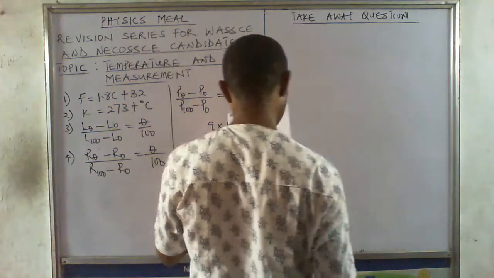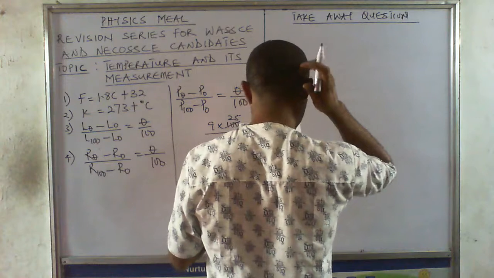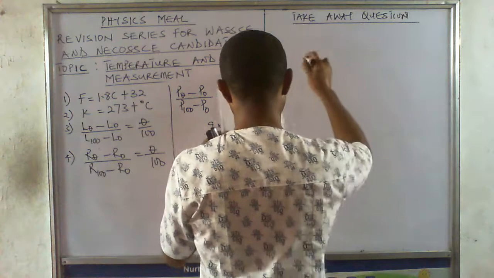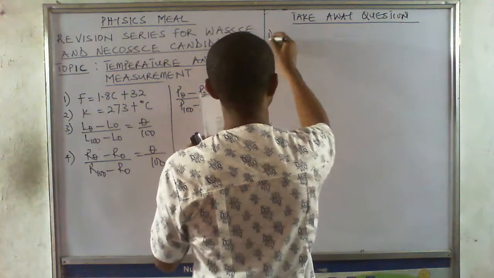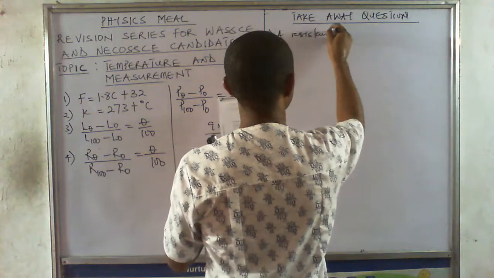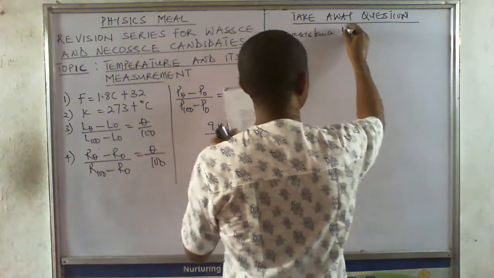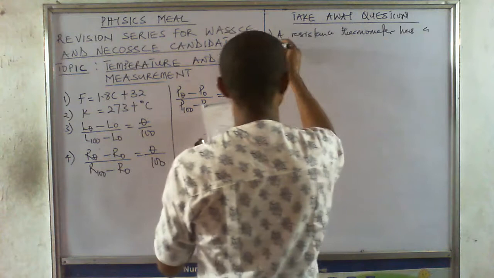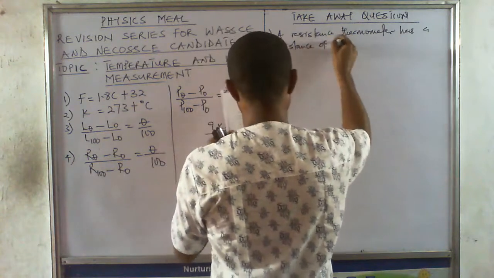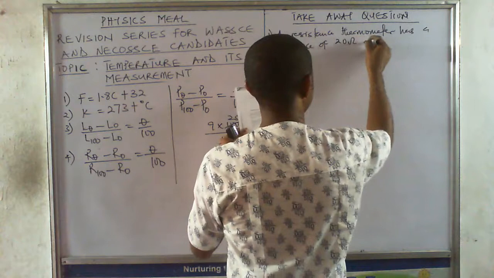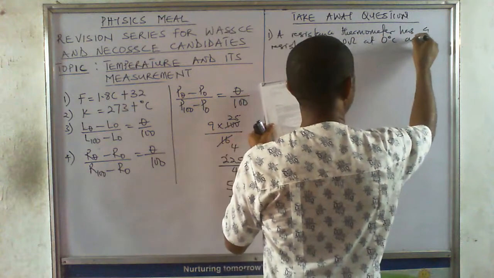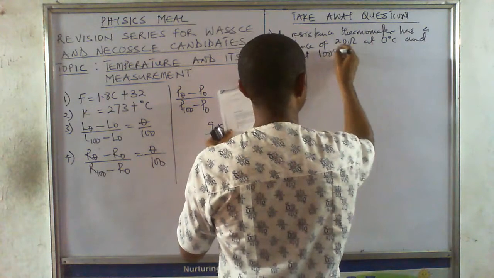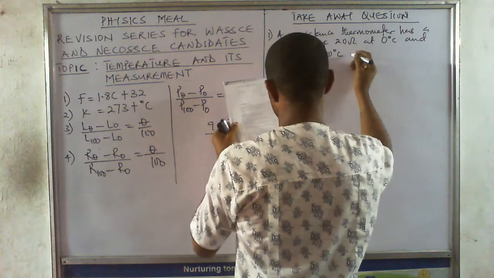All right, let's look at this. Question one: a resistance thermometer has a resistance of 20 ohms at 0 degrees and 85 ohms at 100 degrees.